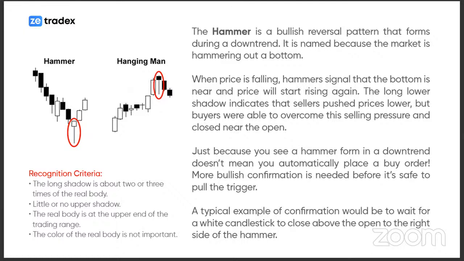The recognition criteria: the long shadow is about 2 or 3 times the real body, there is little or no upper shadow, the real body is at the upper end of the trading range, and the color of the real body is not really important. It means that we have quite the downside, and then a retracement, and then a gradual push back to the upside. A total reversal is just happening at that point. So when you notice such candlesticks in a downtrend for the hammer, you should understand that a reversal is looking to happen.